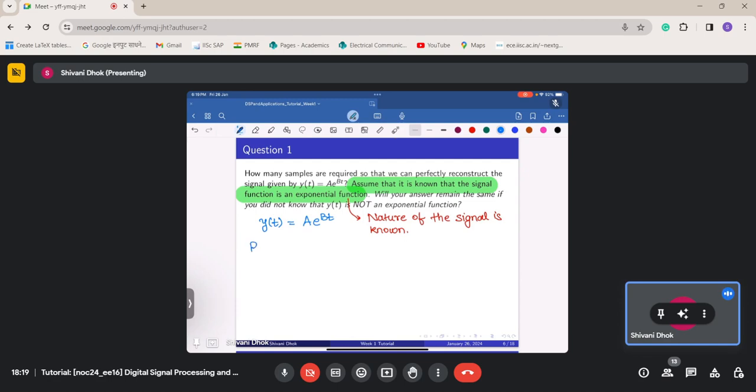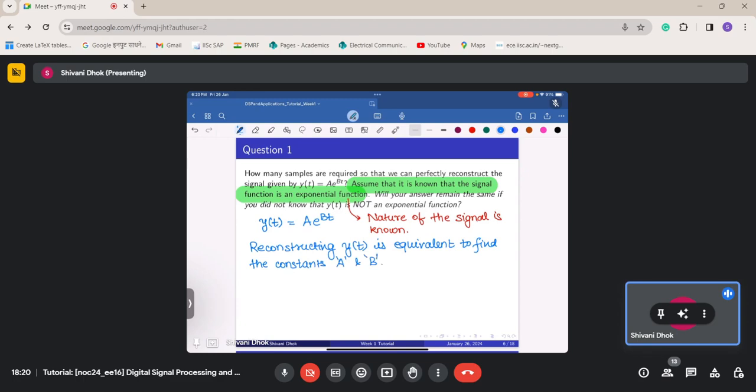So reconstructing y(t) is equivalent to finding the constants a and b.